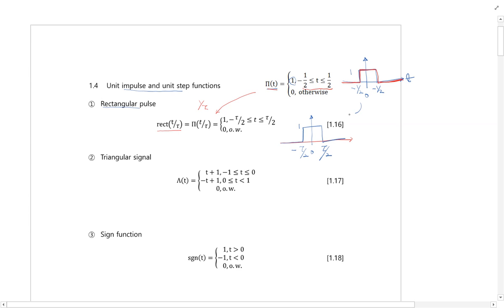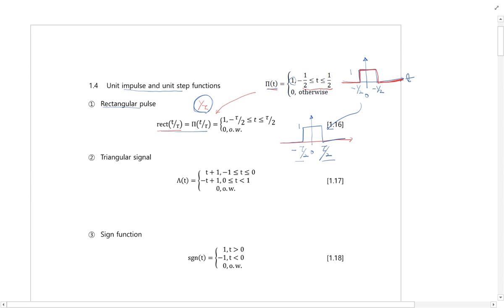It is scaled by tau times because of this scaling. We know that if the time scaling factor is 1.5, then time expansion occurs. By taking the inverse of that, we multiply. This is the scaling factor.